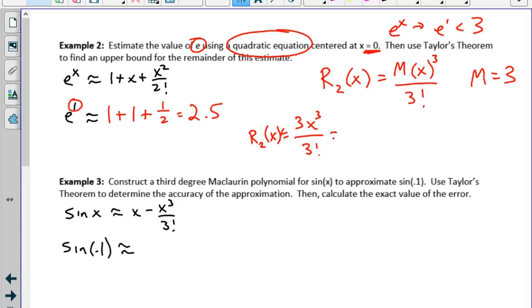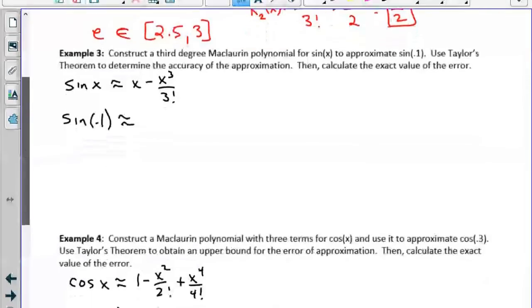So that's the same thing as x cubed over 2, which is the same thing as 1/2 when I substitute in 1. So my maximum remainder is 1/2, which is correct because e is definitely between 2.5 and 3. Now, if I wanted to write an interval that e is definitely in, it's 2.5 to 3. And we know that it's about 2.71828.